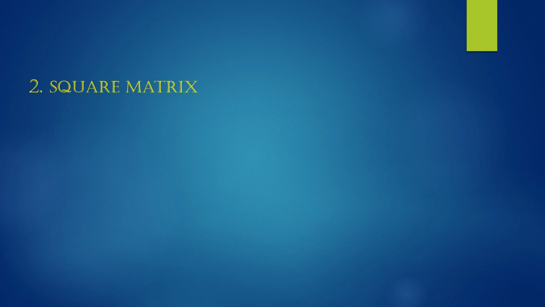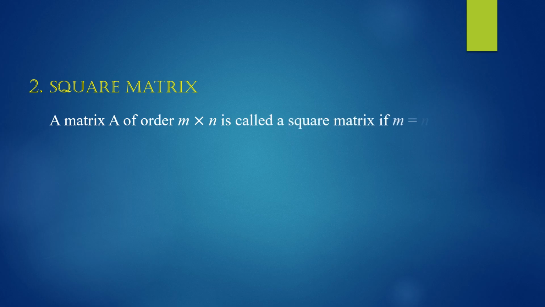So first you write the definition like this: a matrix A of the order m by n is called a square matrix if m equals n. That is, if the number of rows and the number of columns of a matrix are equal, then it will be in the form of a square, and so it is known as a square matrix.